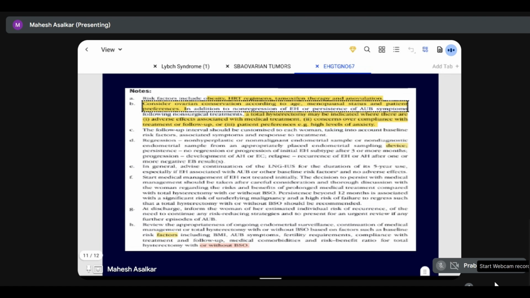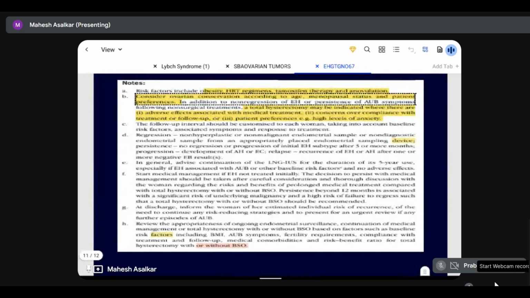Then they have given the definitions: regression is a non-hyperplastic or non-malignant endometrial sample; persistence is no regression or progression of initial endometrial hyperplasia after 3 or more months; and progression means development of atypical hyperplasia or endometrial carcinoma. So these are the outcomes for the surveillance.